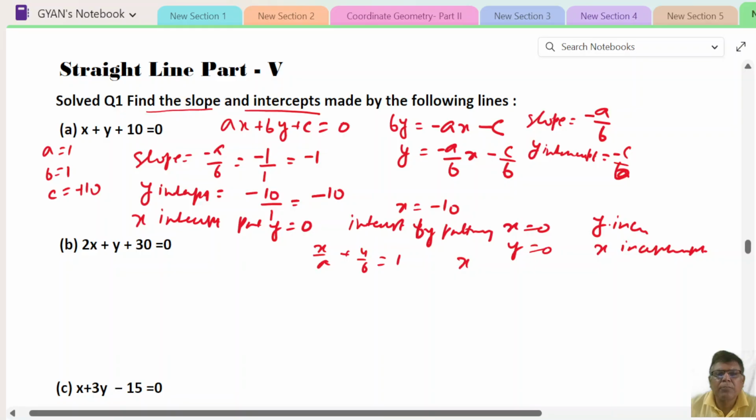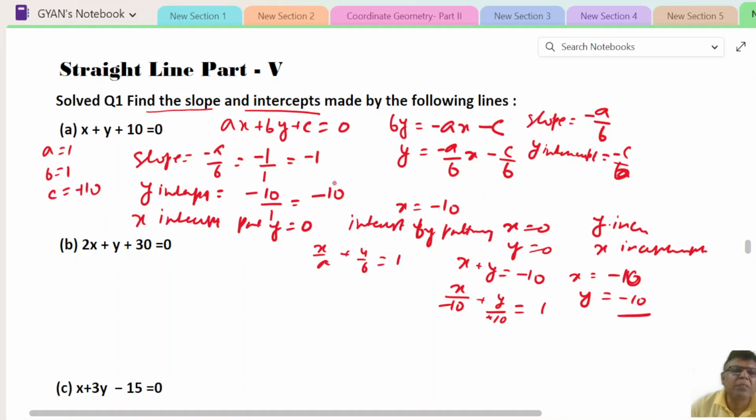So here x plus y is equal to minus 10. So x by minus 10 plus y by minus 10 is equal to 1. So the x-intercept is also minus 10. The y-intercept is also minus 10. So you can do it by this method also.